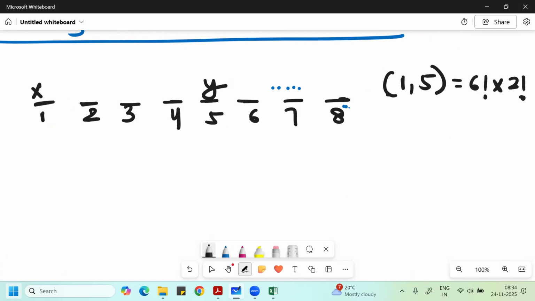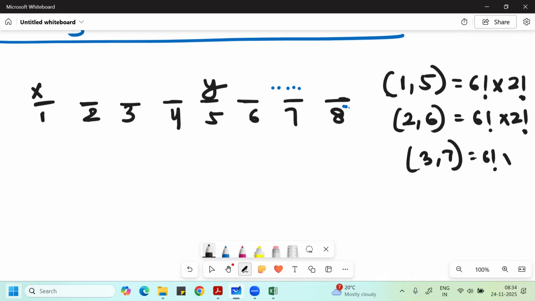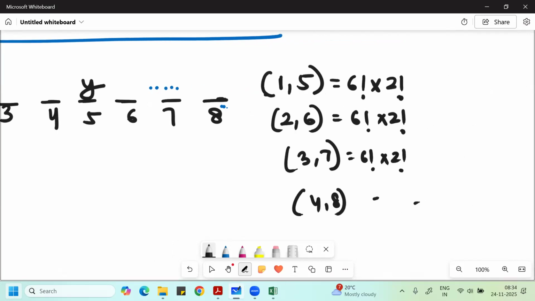So the arrangement can be 1 comma 5, or it can be 2 comma 6. Again it would be 6 factorial into 2 factorial, or it can be 3 comma 7, again 6 factorial into 2 factorial, or it can be 4 comma 8, again 6 factorial into 2 factorial.